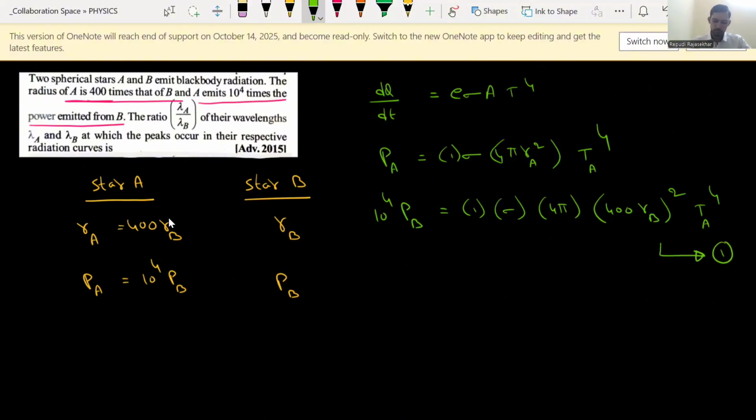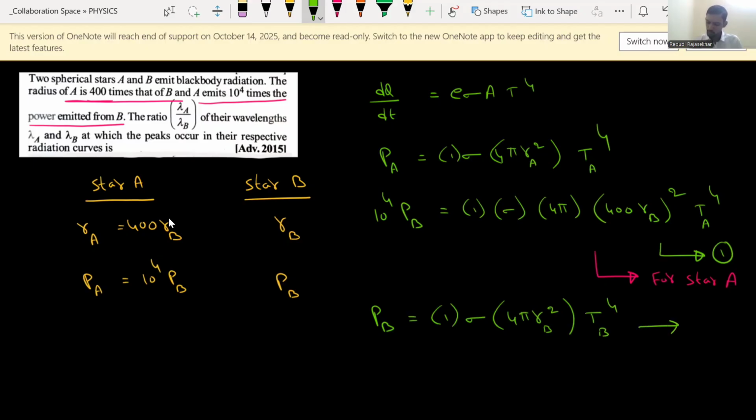Similarly, write for star B. Whatever data I have written in equation 1 belongs to star A. Next, for star B, the power of star B is PB equals, again the e value is 1 because both emit black body radiation, so small e becomes 1. e is 1, sigma, 4 pi rB square, into TB power 4.